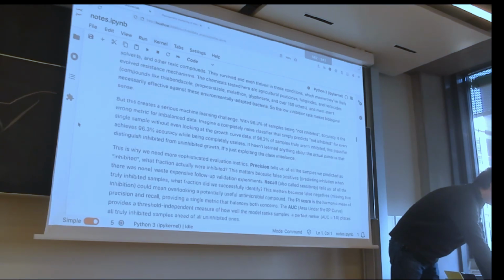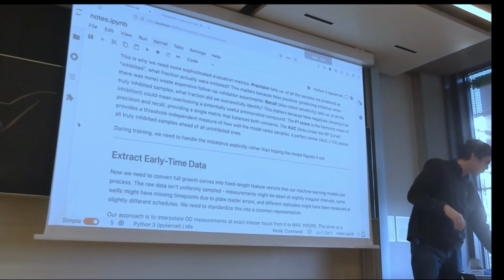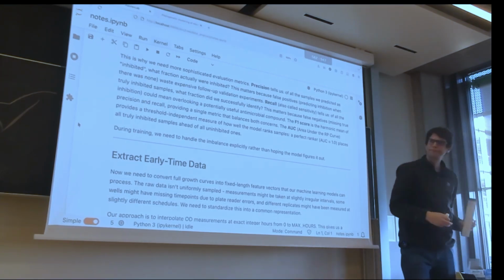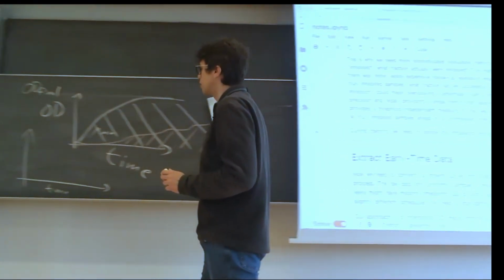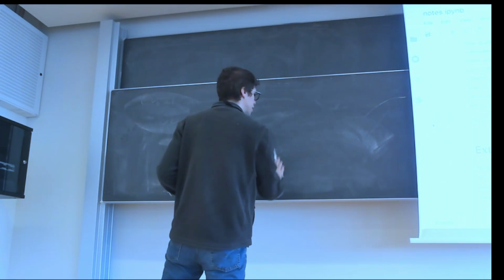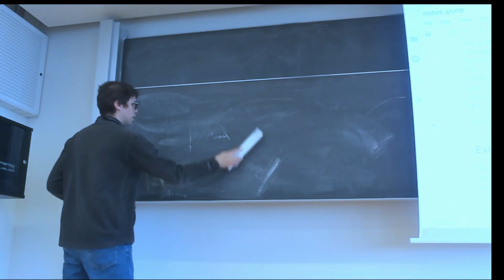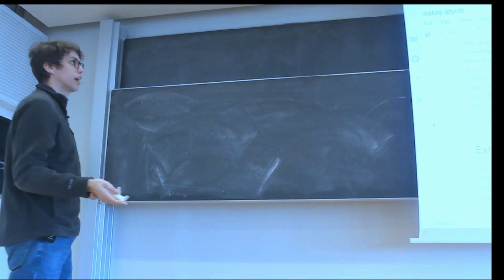Which brings me also to a small discussion on metrics. If this is the question that we're asking, whether we can predict whether a given prefix of a growth curve is going to be inhibited or not, this is a classification task.